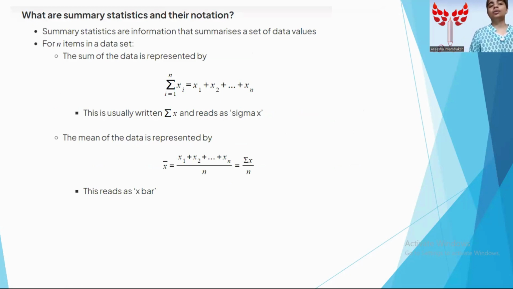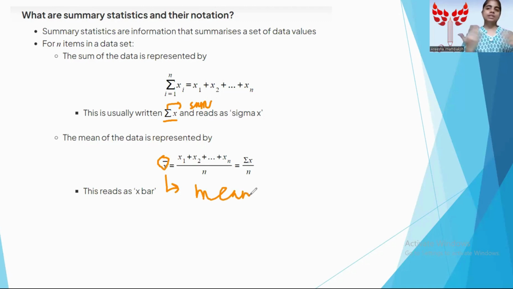Now, you need to understand some summary statistics, right? Notations which we are using. Now, this, for instance, is your sigma x. Sigma means finding the sum. X bar represents that we are trying to find the mean, right?